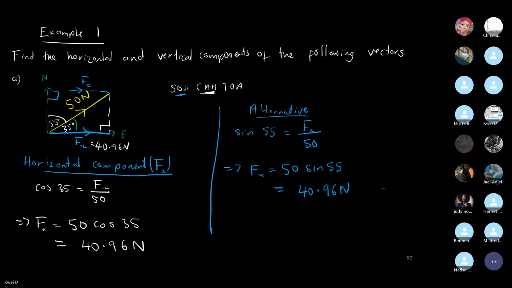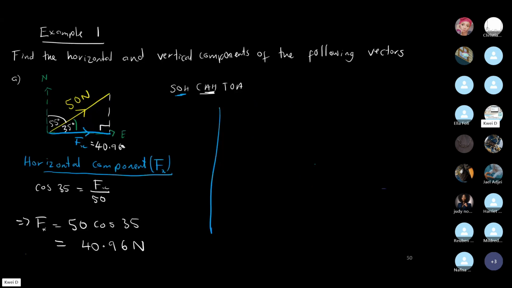So what about the vertical component? If you want to determine the vertical component, which is F subscript y, remember that the vertical component is acting along this line.